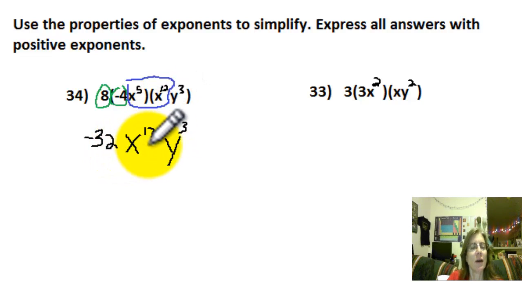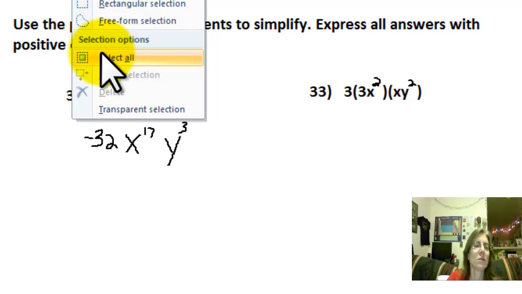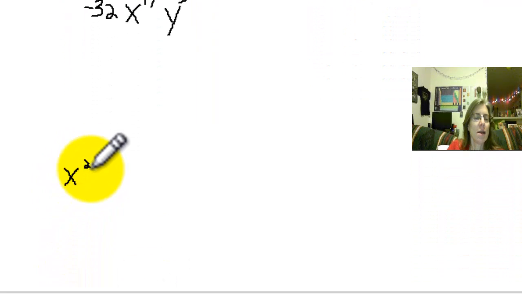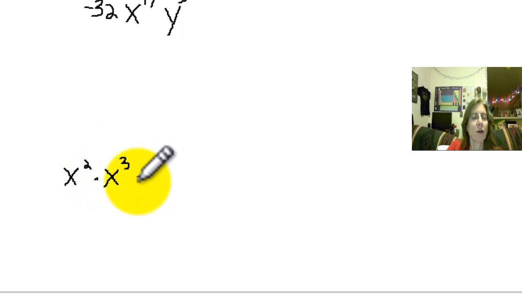So it's simplified. Now the reason that adding works, I will do a brief explanation of that, is because, let's do it more simply. If we have x squared times x cubed, let's draw it all out in a picture.